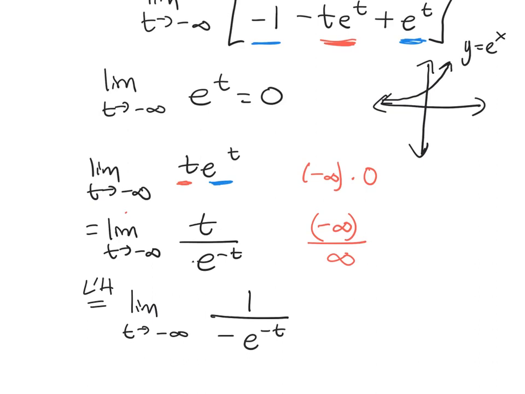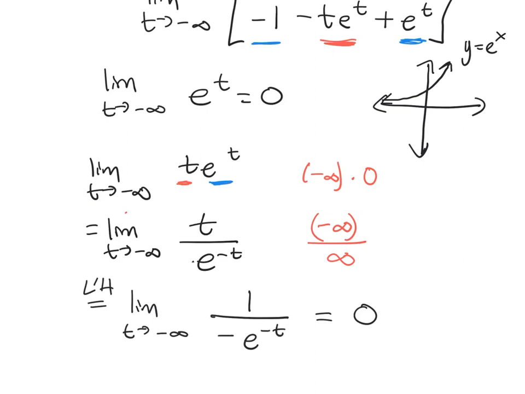And what's this limit going to be? Well, we've said if you have an e to the negative t in the denominator, I'm getting an infinity in the denominator, right? 1 over a really large number gives me a small number. So this limit is going to be 0 here.